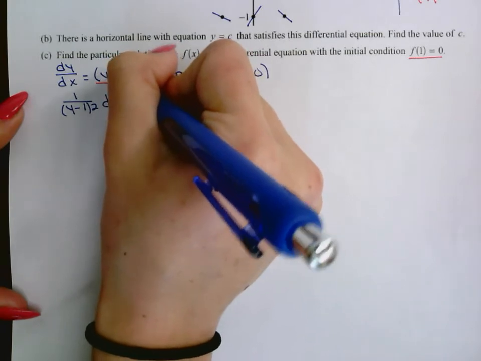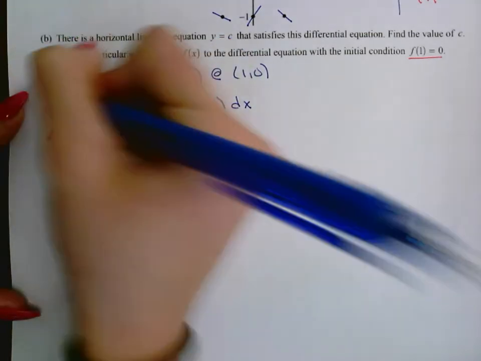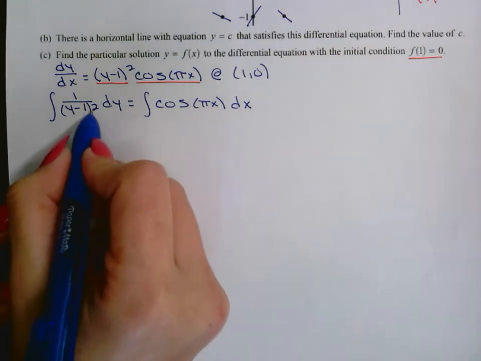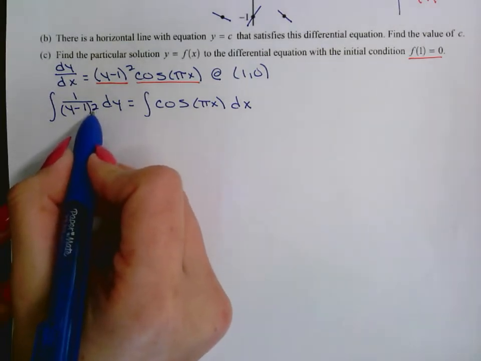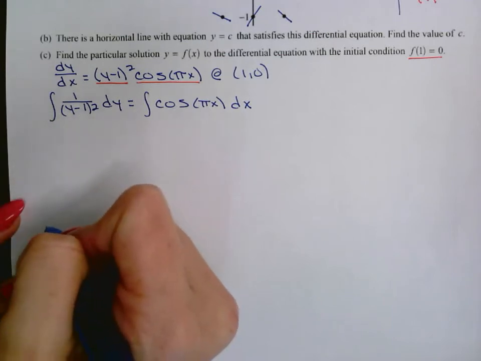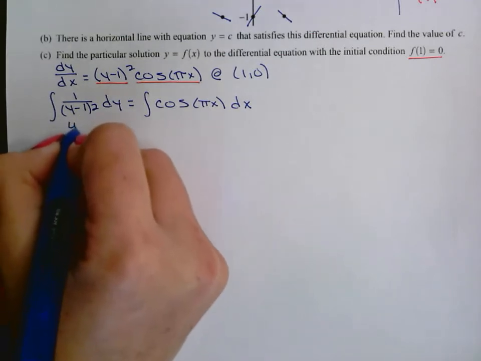Next, I need to integrate both sides. Be very careful with any possible u substitutions that could be going on. Remember, this is an exponent of 2, which means I'm going to be bringing it up with a negative 2. Let me set up my u subs though.